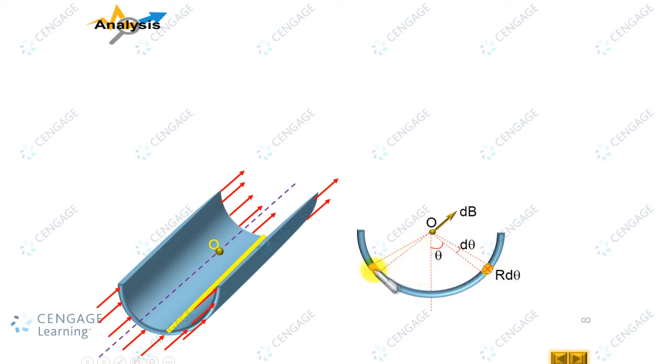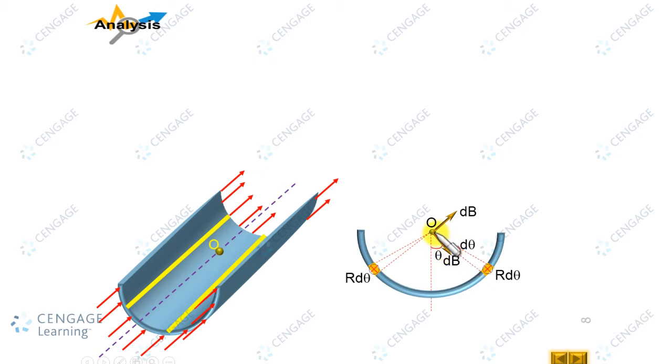The current direction is again cross, right? This is the position of the second elemental wire. This elemental wire also creates a magnetic field at this position. Let us assume the magnitude of the magnetic field created by this wire is again dB. So using the right hand rule, we can find the magnetic field direction like this, right?